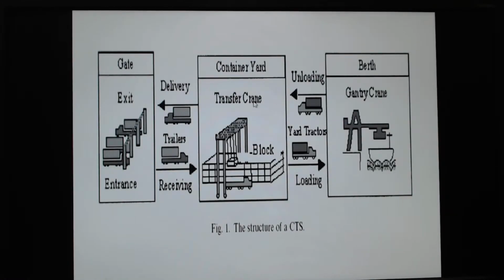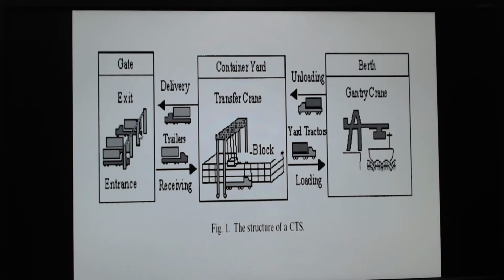Here is the structure of a container terminal, including the gate area. The gate area sets up gates for in and out, for trucks. And here is the container area, where the main function is storage.